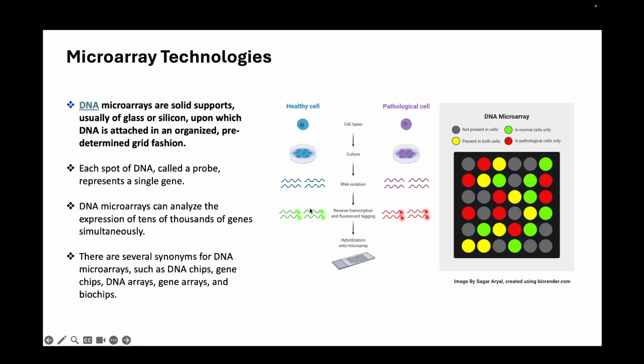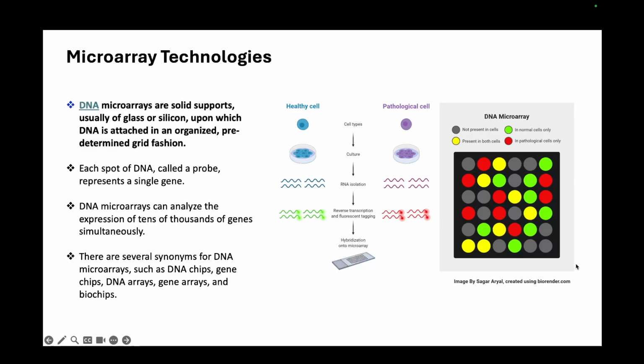So, for example, here is a difference in different kinds of signals. For a healthy cell, you tag it with a different kind of signal compared to a pathological cell, and you can check at which points there are mutations inside that particular strand of DNA.